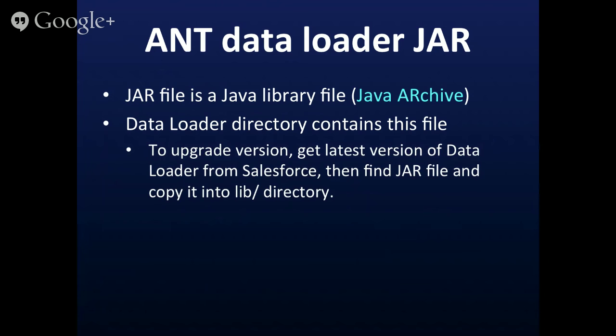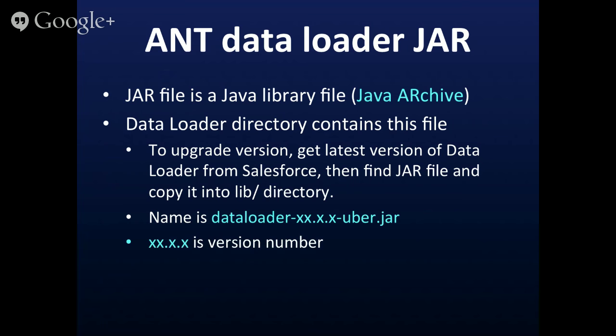If for some reason you want to upgrade your version of the data loader file, I recommend the best way to do it is to get the latest version of the data loader from Salesforce. It should match the version of the Salesforce org. Take a look through the directory and try to find the jar file, and then copy it over into this live directory that we talked about. It's named like this: dataloader-xx.x.x-uber.jar.